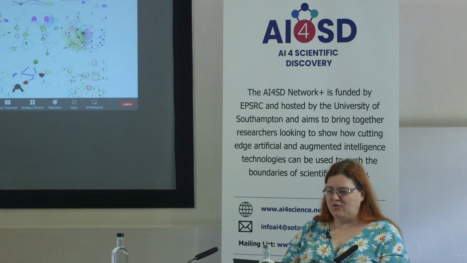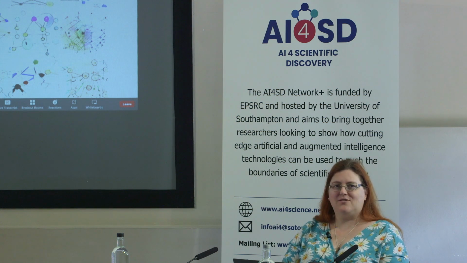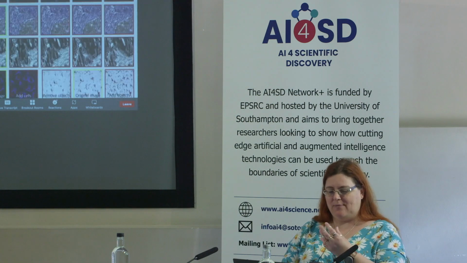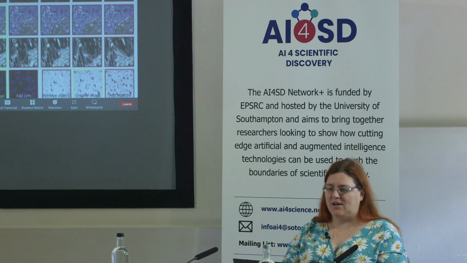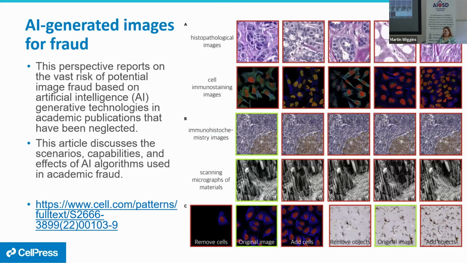The problem, though, is that the same technology that can be used to create dream graphs or fake graphs like we saw on the last slide can also be used to generate images for fraud in scientific purposes. We've published an article on this fairly recently, a perspective about the potential image fraud based on AI generative technologies. It talks about the scenarios, capabilities, and effects of AI algorithms that could be used for academic fraud.